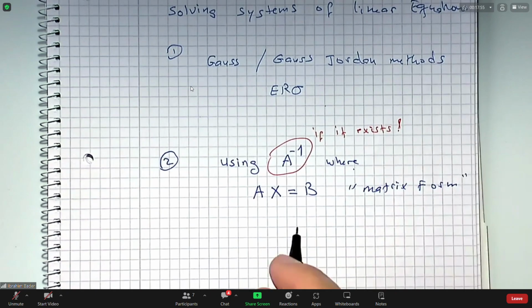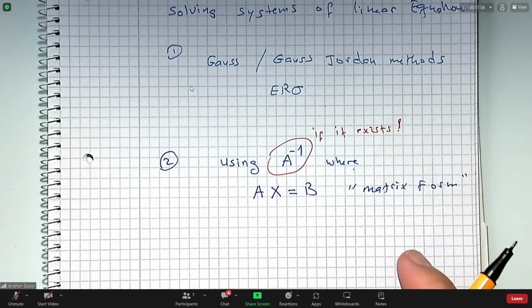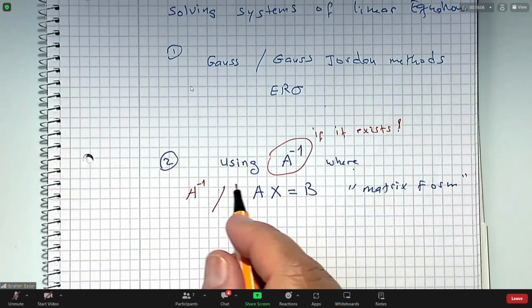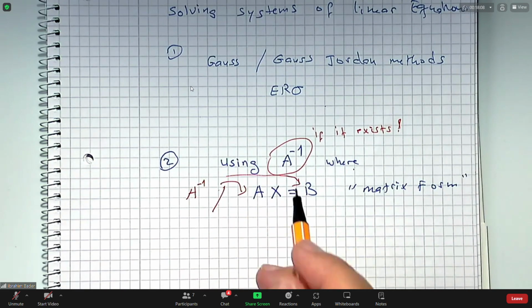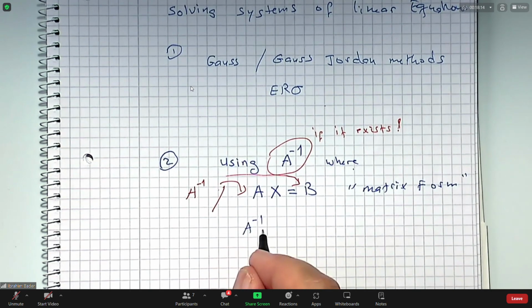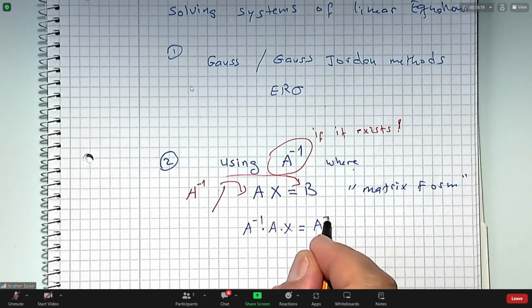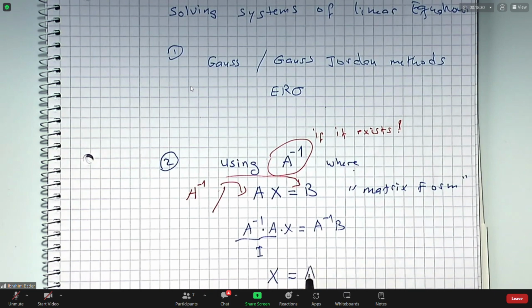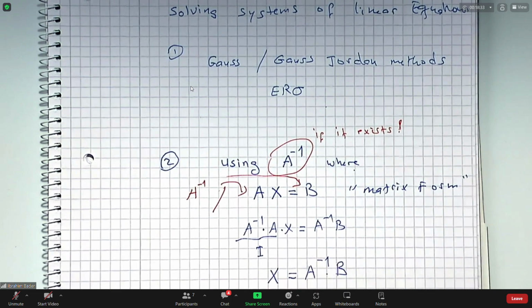Now, why is this important? Because if I know A inverse and assume it exists, then I will multiply from the left with A inverse, on both sides. Then I get A inverse times A times X equals A inverse B. But A inverse times A is the identity matrix, and the identity matrix multiplied by the variables matrix X is X, and this is a solution for the linear system.